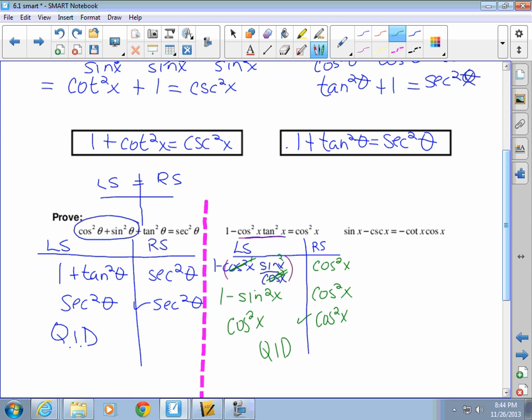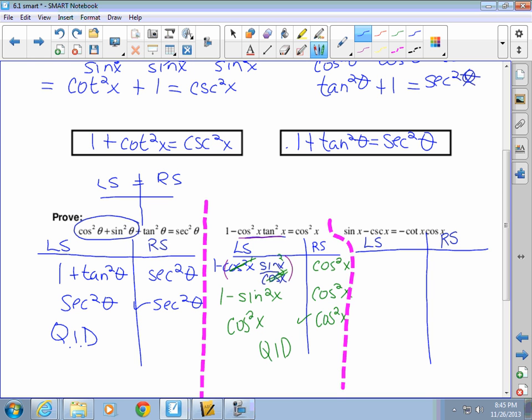Okay, then the last one here. Sin x minus cosecant x is equal to negative cotangent x cos x. Okay, so left side and my right side. And remember, I always want to write these when I can in terms of just sine and cos.